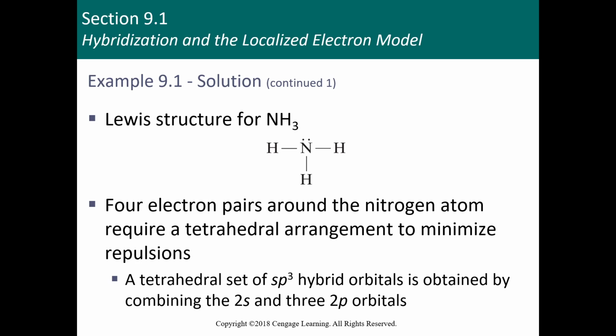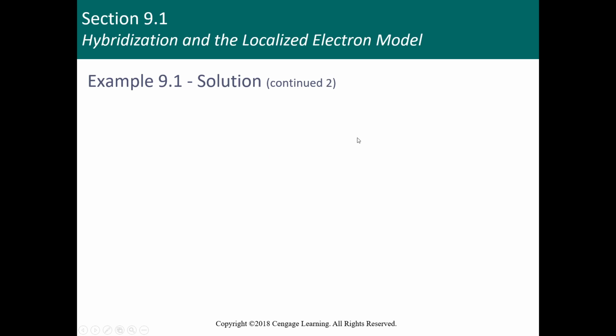That would give me 4 hybrid orbitals, which would be 4 different domains. And so, because I have 4 different domains, this has to be sp3 hybrid orbitals, period. Because I have 4 different areas I need to put electrons in. I need 4 different orbitals to contain those electrons. That's it. There isn't any other option there.